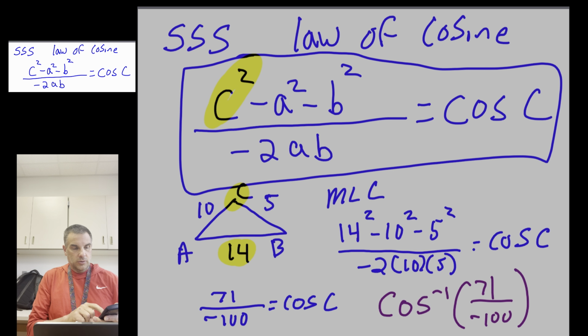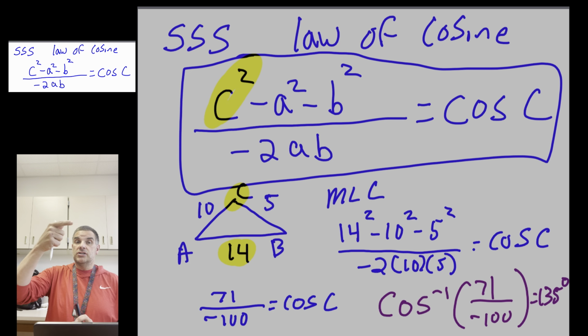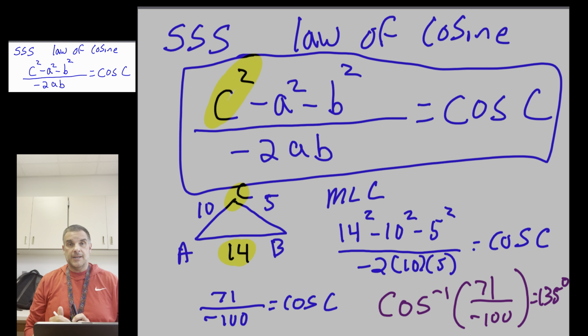So second cosine, 71 divided by negative 100 equals, rounded to the nearest degree, 135 degrees for the measure of angle C. Now if you're asked to find the rest, you can use the law of sines to find the rest, because you know the measure of an angle and the length of its opposite side.